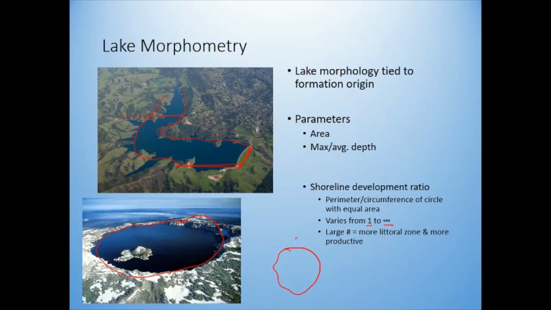So this would have a shoreline development ratio of maybe something like 1.2, whereas something like this maybe would be 2, whereas some weird lake, let's say there's a dam right here and something looking over like here, would have a number of maybe 4 or 5. And what that means is that this lake has more littoral zone, which can be productive. So the shoreline development ratio is a way to look at a lake, take some shortcuts, and see how much littoral zone there is and how productive it can possibly be.